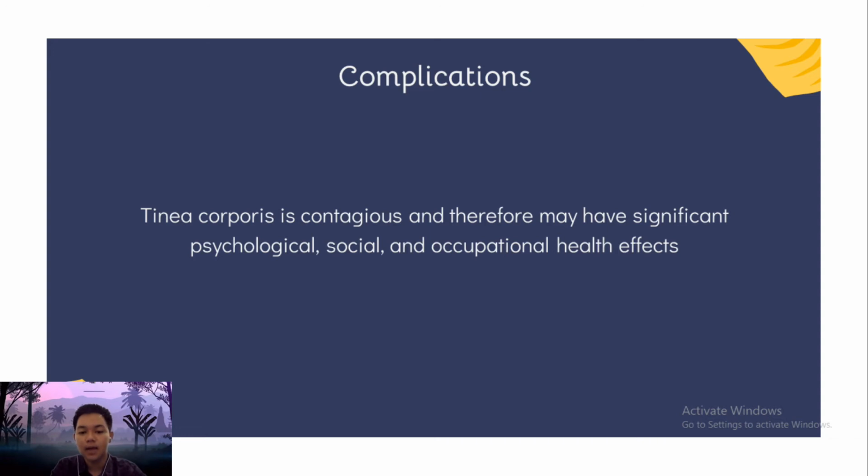Complication. Tinea corporis is contagious and therefore may have significant psychological, social, and occupational health effects. Secondary bacterial superinfection may occur as a result of scratching and abrasion of the skin.